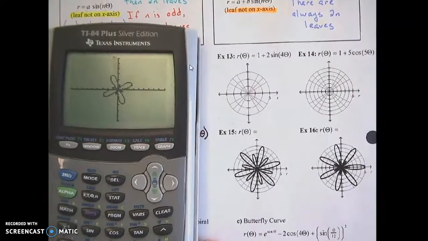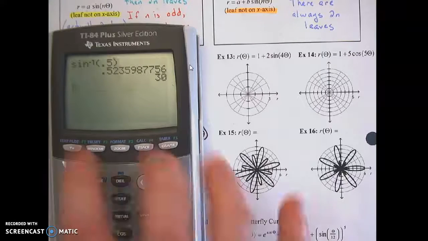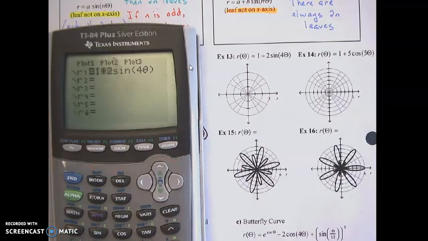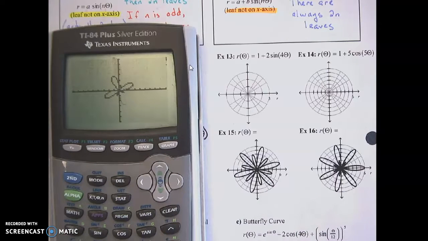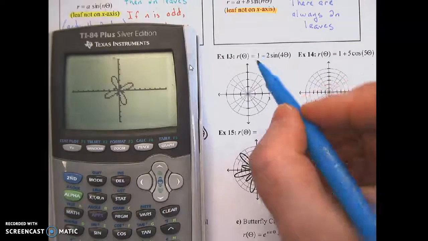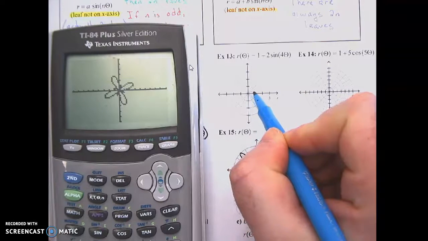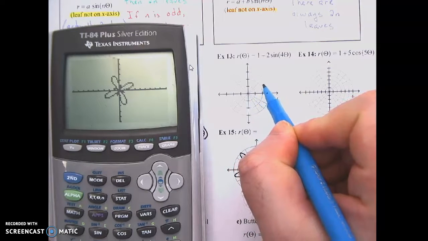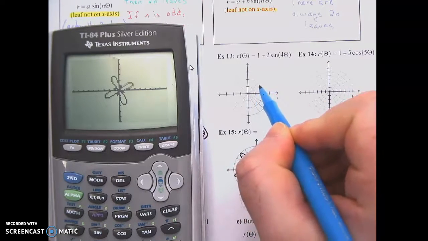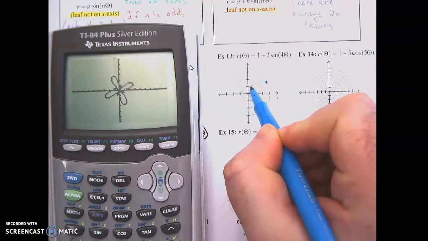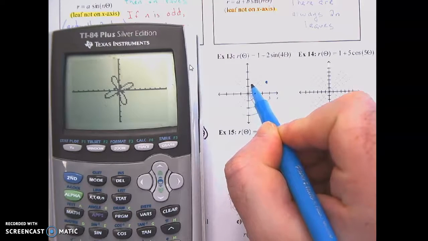All right, let's see how you did. So I'm going to go 1 plus 2 sine of 4. Oh, that's the one we just did. Okay, so my long leaves are at an angle off of it, and my short leaves, so I would say something, 1, 2, 3, maybe here and here.